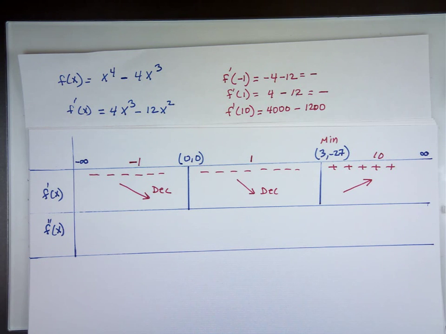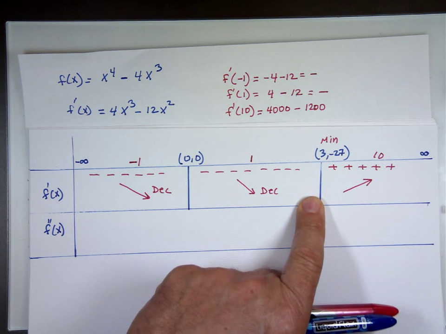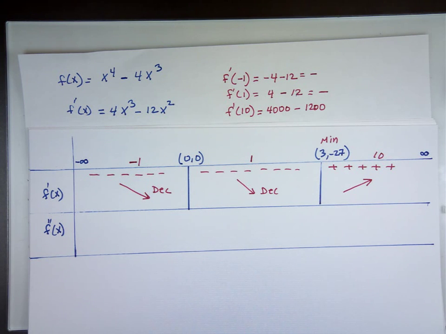We do not have a max because it goes all the way to infinity. It's coming down from infinity, possibly like this. It's coming from way up there. My gut feeling is it's probably going to look like this. So you're not going to have a max as it keeps going on this end, it keeps going on this end. But there's a min. You just found that. So that's what my feeling tells me.